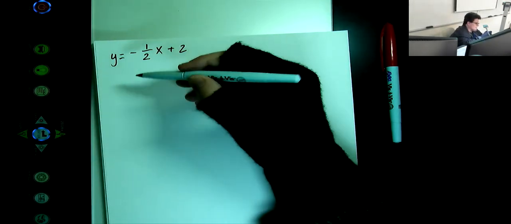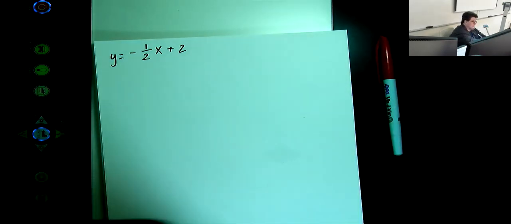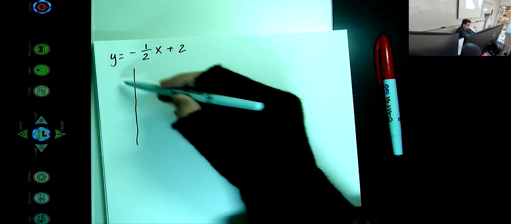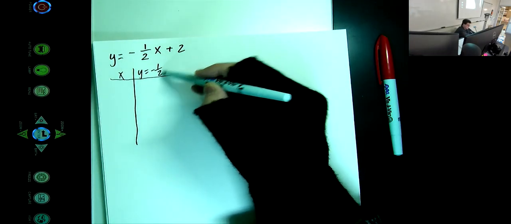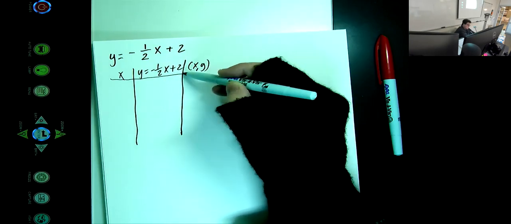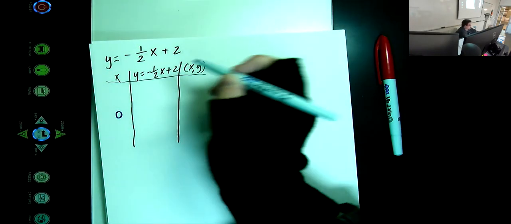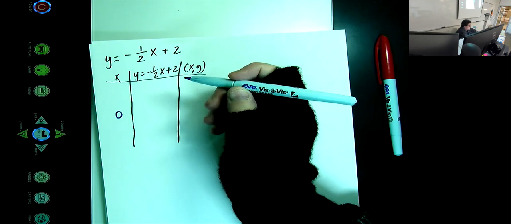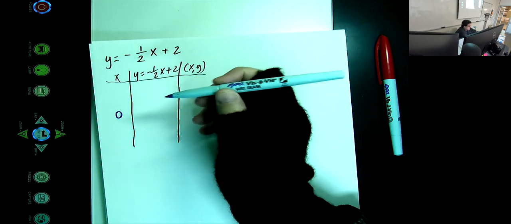All right, let's start taking a look at values. I definitely want 0 on the list. I could put -1 and -2 and +1 and +2 like I did last time.